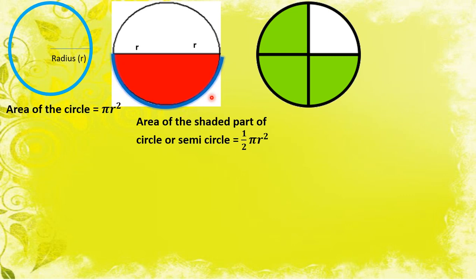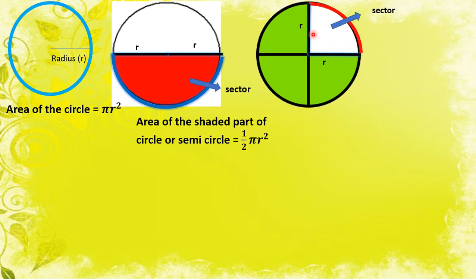As we are talking about the semicircle, the boundary of this semicircle and these two radii make a figure, or the part of the circle bounded by the two radii and an arc is known as the sector. Similarly, in this figure also, this unshaded part is a sector, as it is bounded by the two radii and this arc.